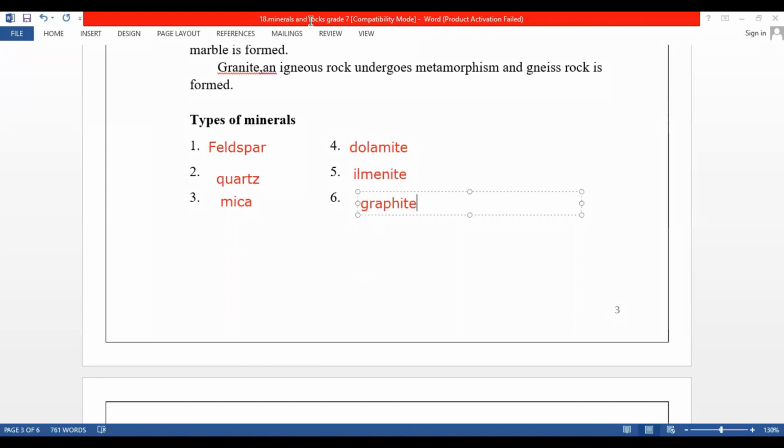These are the examples for the minerals in the syllabus.